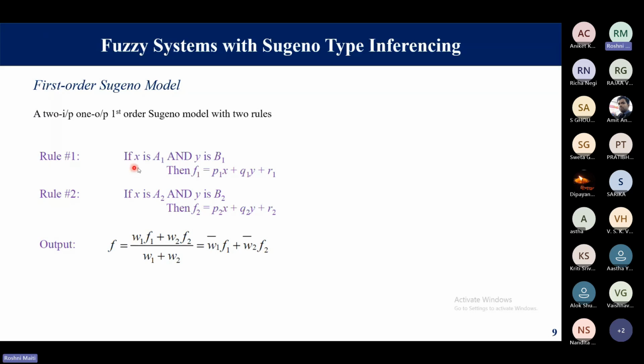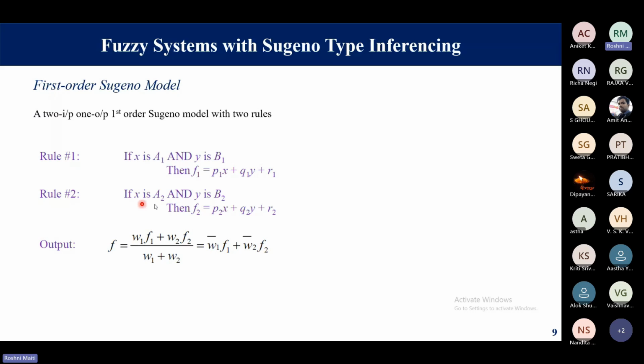In case of first order Sugeno model, if we have x is a1, y is b1, then our output will be some function of these inputs. x and y are our two inputs. So here our output, which is f1, is a function of x and y with another term r1. This r1 may be disturbance or some constant, anything we can include here.